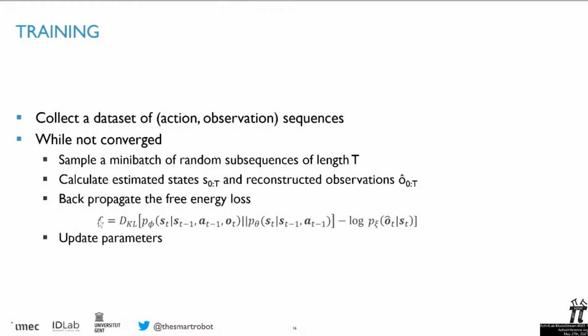And using this loss function, you just update the parameters of your neural nets, and you basically build a model that is able, on the one hand, to infer your current state given your observation, that is able to generate new observations if you know which state you're in. You can reconstruct these observations, but also you have the transition model that you can then just use to, in the state space, plan ahead what would happen if I would do this action, and it will give you a distribution over the next state, basically.